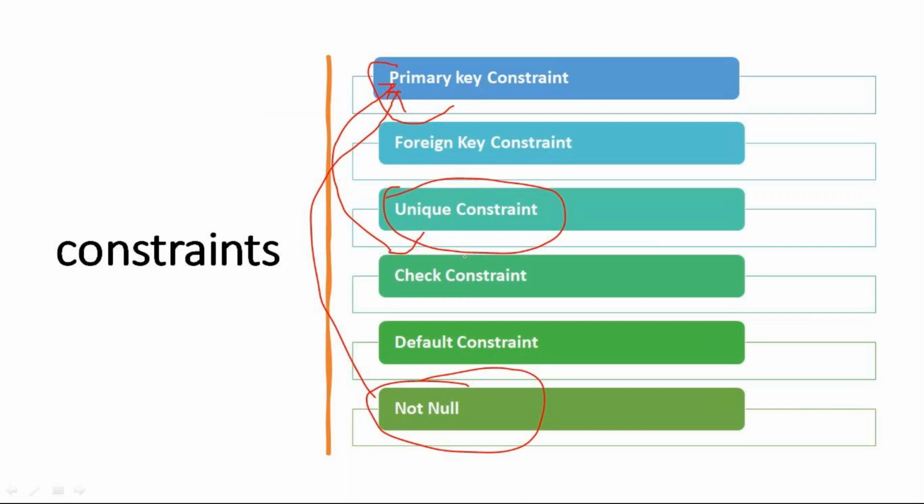Yes. Check? Yes. Foreign key? Yes. So only one primary key should be there for a table. But for foreign key, unique, check, default, and not null, you can have n number of them. Not one, not two, not three. Go and give all the columns your constraints. This is all about constraints.